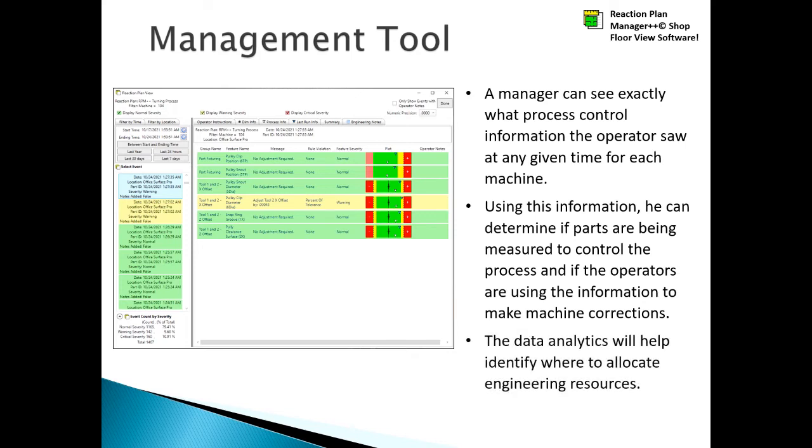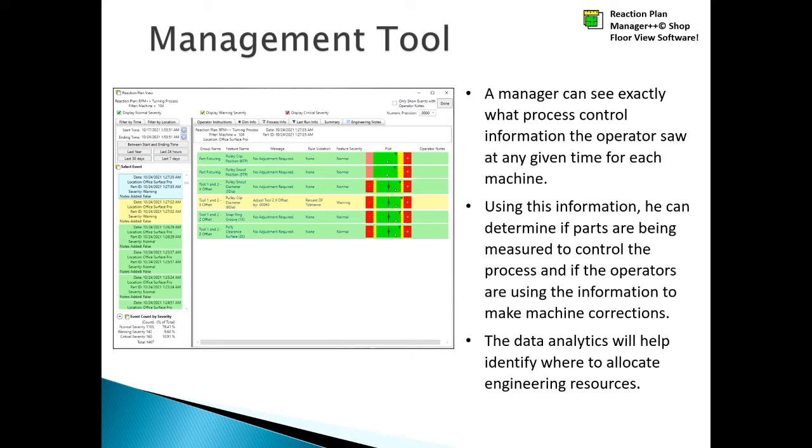The data analytics will help identify where to allocate engineering resources. So I can look at this and quickly tell, using the data analytics, how many events occurred that were normal, had a normal severity, warning severity, and critical severity.